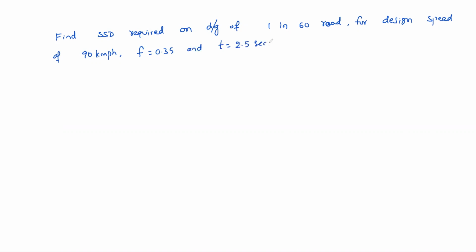See here, 1 in 60. So what is the N value? 1 in 60 means 1 by 60. Okay, like this.